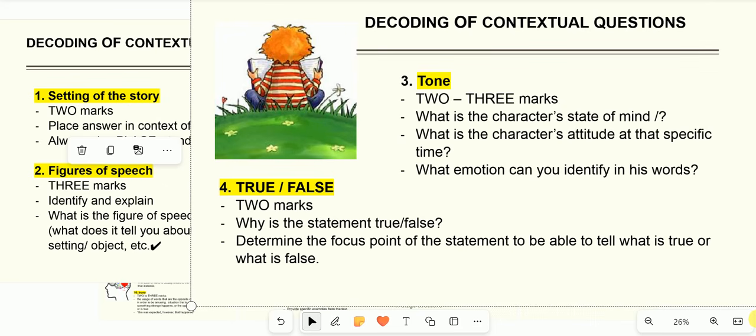And you can only successfully answer this question of tone if you have read your passage, if you have read your extract, to say this is what is happening.